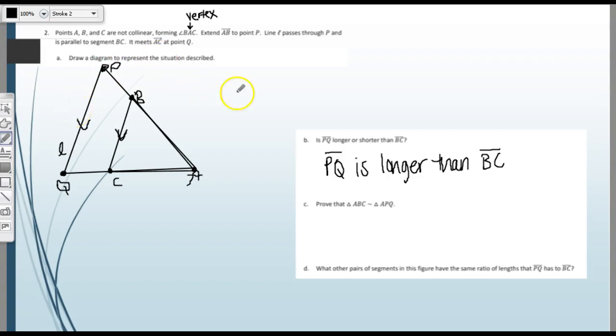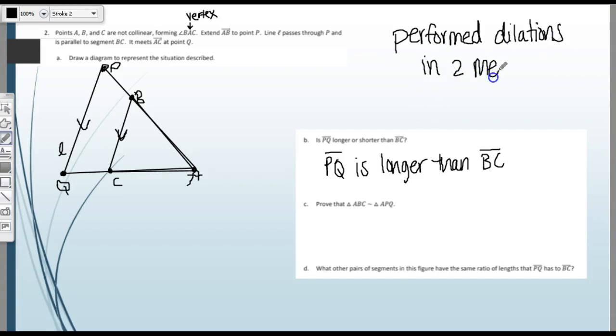Remember, we performed dilations in two ways? No, we didn't use the auxiliary lines. That was something else. We used two methods to perform dilations.